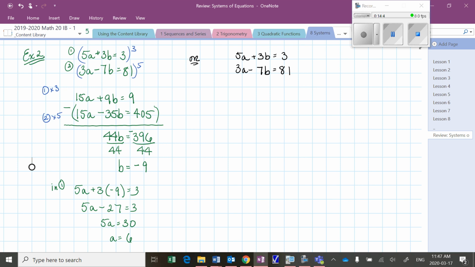Certainly I could have used one of the other two that had the 15a, but the numbers are smaller. It's going to be easier, especially if I'm trying to do some mental math here. So 5a plus 3b, or 3 times -9, equals 3, and then we just solved for a being equal to 6.